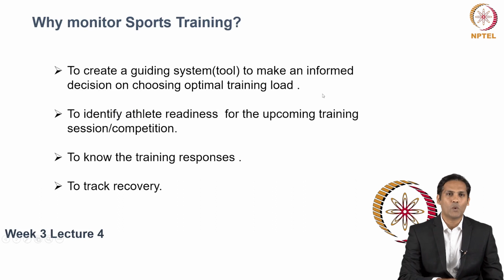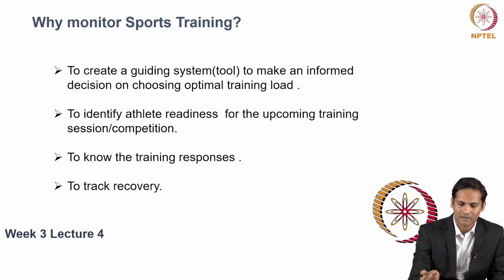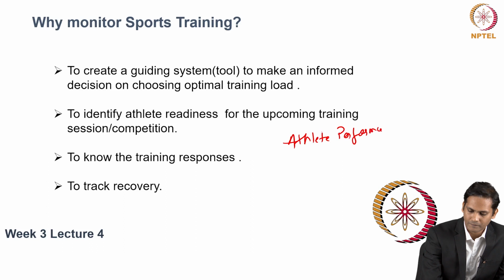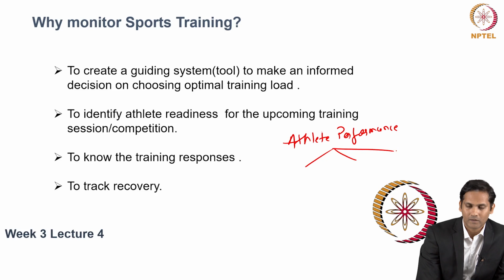Now when it comes to an athlete, understand that athlete performance is based on three pillars. The first is the physical capacity, which is defined as the fitness level.